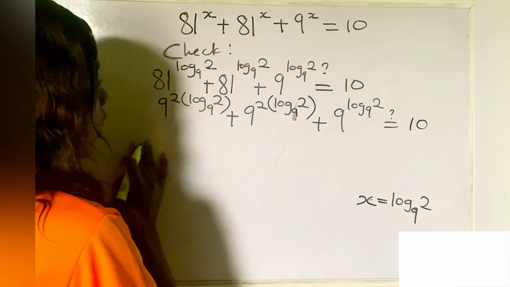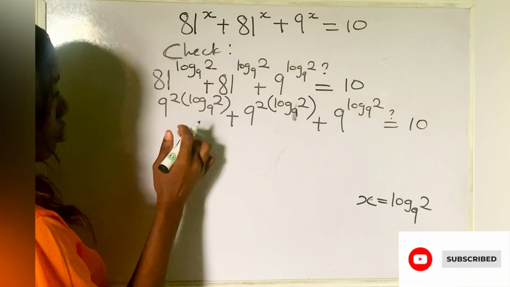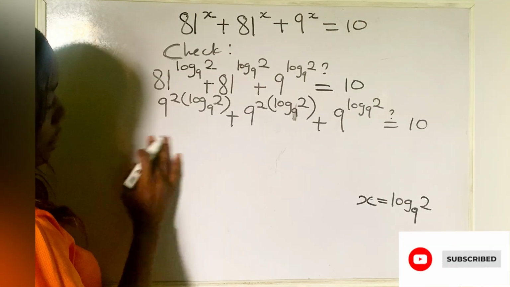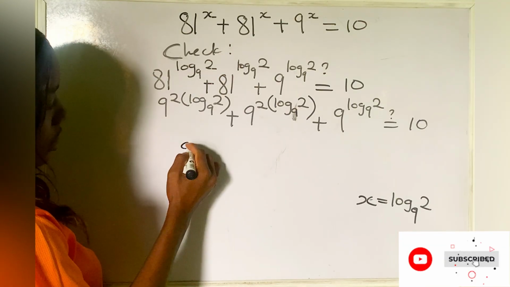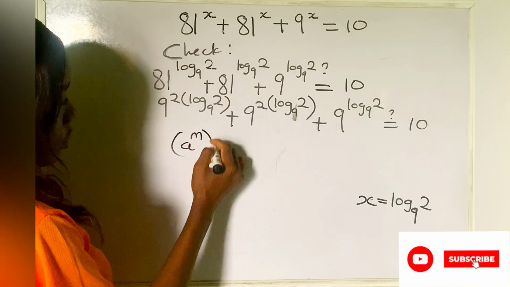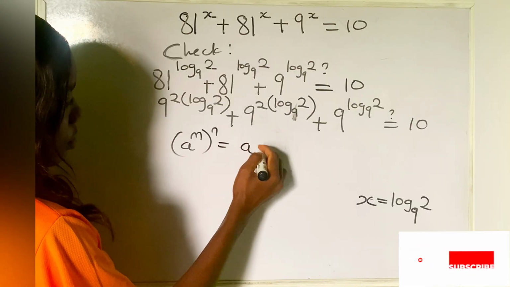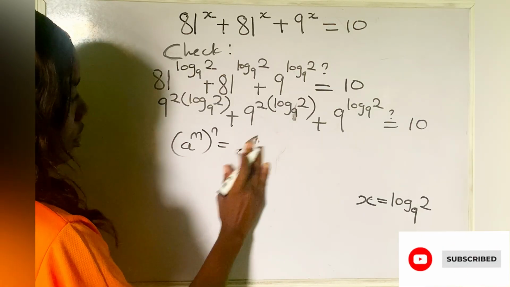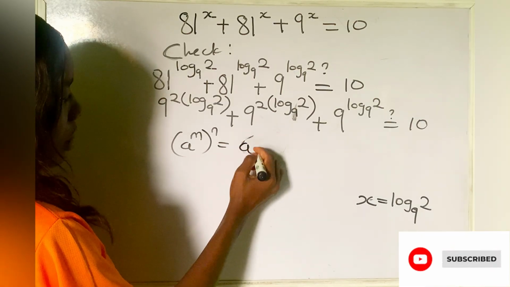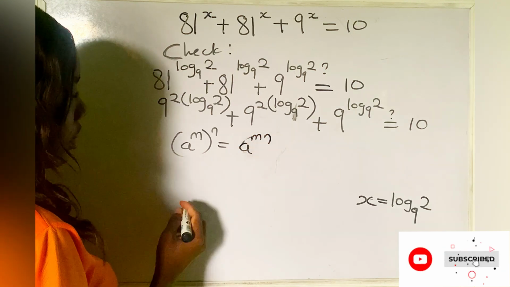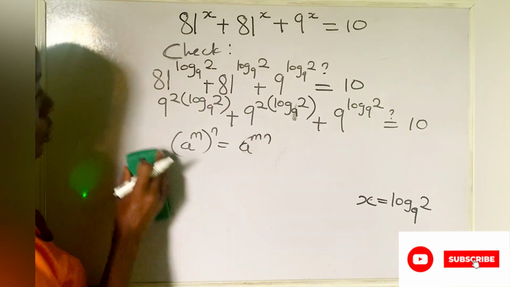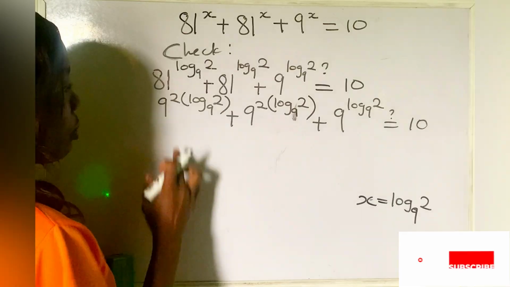We're trying to check. So we have a logarithm identity such as a to the power of m raised to power n, it's the same thing as saying a to the power of mn. In this case, we would be multiplying the powers.